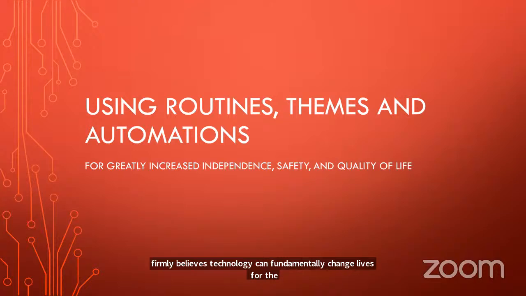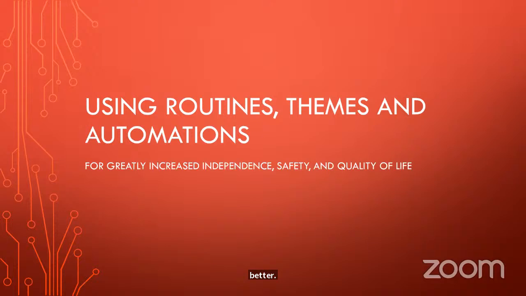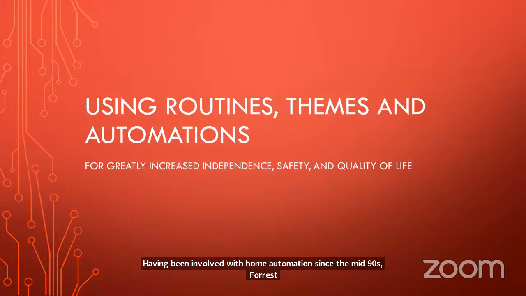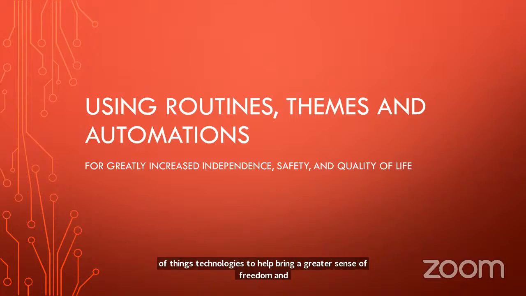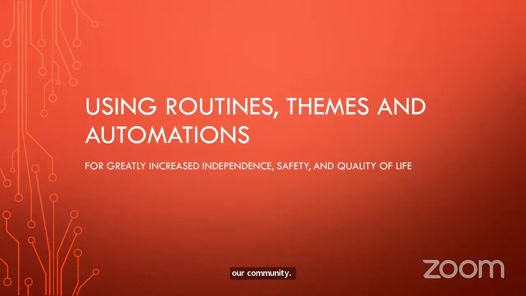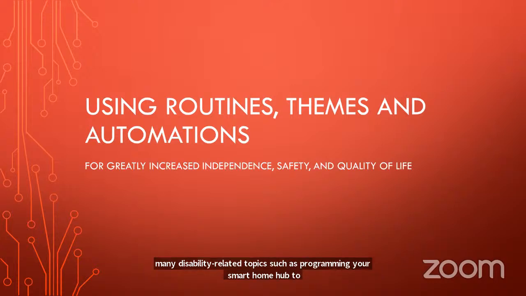Having been involved with home automation since the mid-90s, Forrest is currently focused on using modern smart home, smart building, and Internet of Things technologies to help bring a greater sense of freedom and independence to older adults wishing to age in place and disabled members of our community. Ability Tools plans to expand the Smart at Home series into many disability-related topics, such as programming your smart home hub to interact properly with your AAC devices, security, and environmental controls.